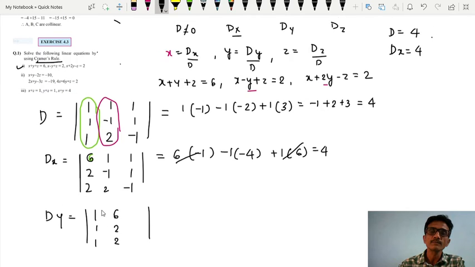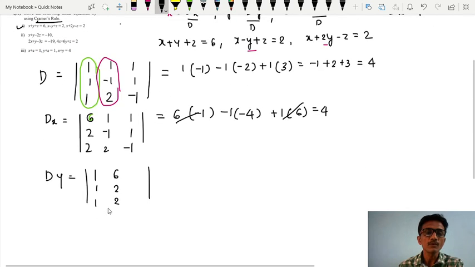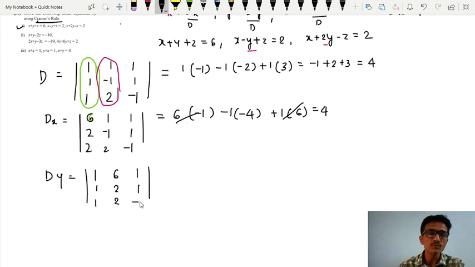Then what do you get here? You are getting 1, 1, minus 1. Expand this determinant. 1 into determinant of minus 2 and minus 2, it is minus 4. Then minus 6 into, find the value of this, minus 1 minus 1, minus 2 it is. Then plus 1 into 2 minus 2, it is 0.